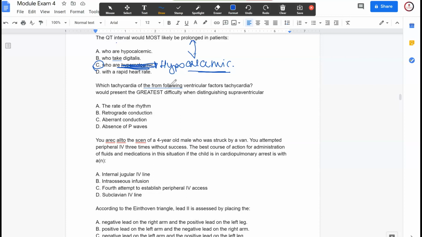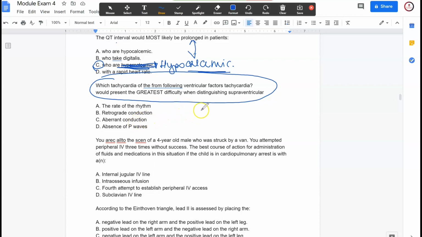Which of the following factors would present the greatest difficulty when distinguishing supraventricular tachycardia from ventricular tachycardia? Sorry, I missed this weird little blurb there.